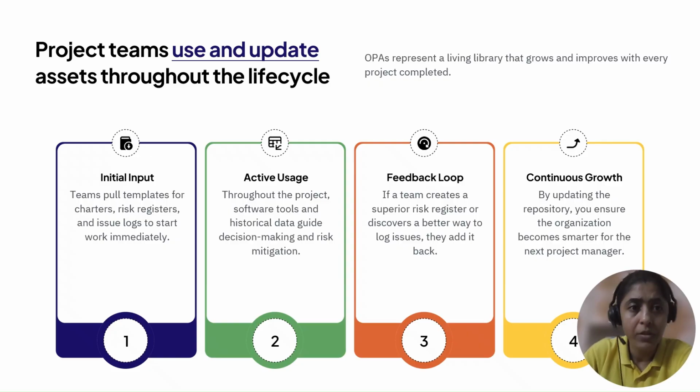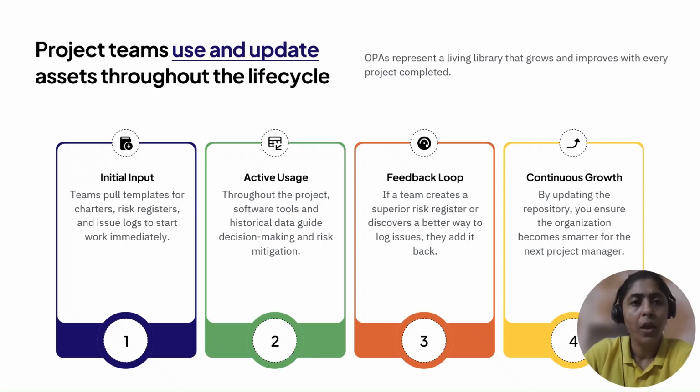The team learns. Perhaps they discover a better way to structure the risk register, or maybe they improve how issues are logged. Instead of keeping that improvement inside one project team, the organization can feed that knowledge back into its repository. That creates a feedback loop.